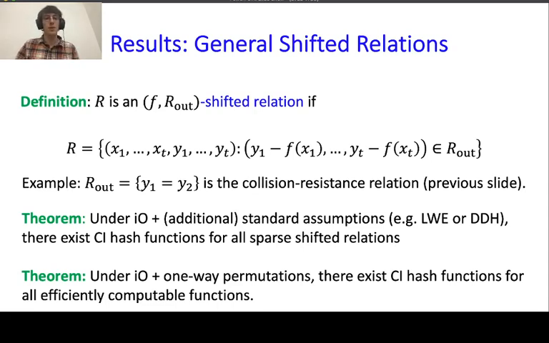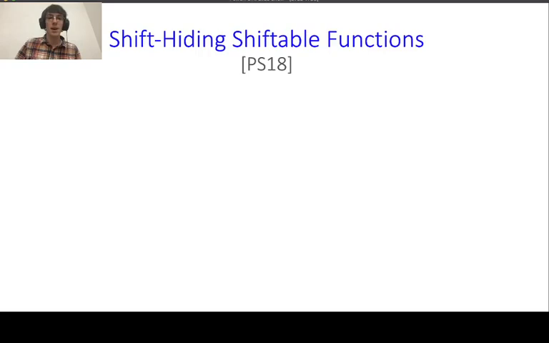Okay, so these are our concrete new results. So now let me just explain how we get them. The main tool, which I already mentioned, is this object called shift-hiding shiftable functions, which is a special kind of pseudorandom function.